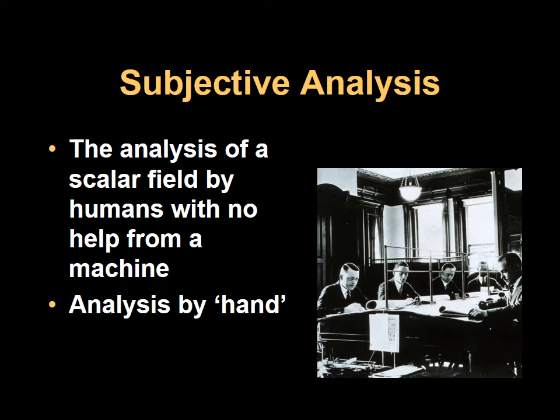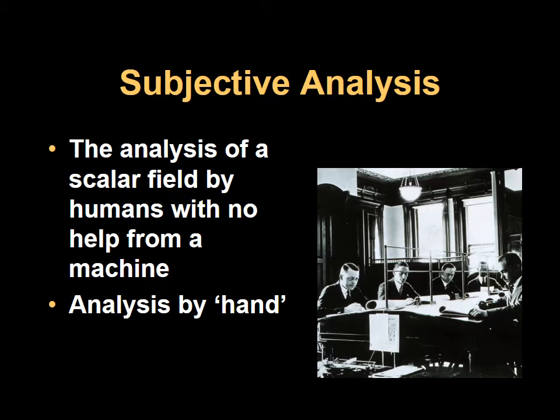With subjective analysis, we have a raw plot of weather information, data on a chart, and then we draw lines using our eyeballs, our head, and also our hands. In other words, we try and estimate the field, the data on the chart, and we try and draw lines that represent a pattern.